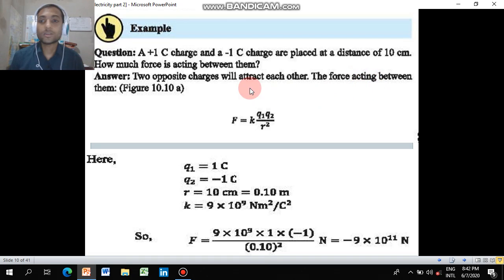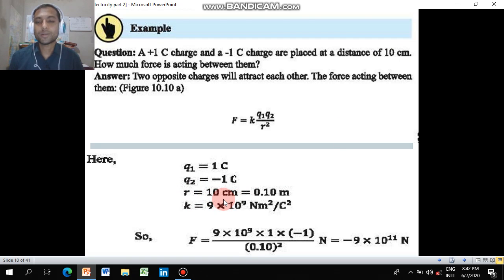The force acting between them, we know according to Coulomb's law, F equal to K into Q1 Q2 by r square. Here given Q1 equal to plus 1 coulomb and Q2 equal to minus 1 coulomb, and the distance apart is 10 centimeter. So r is the distance, which equals 10 centimeter.